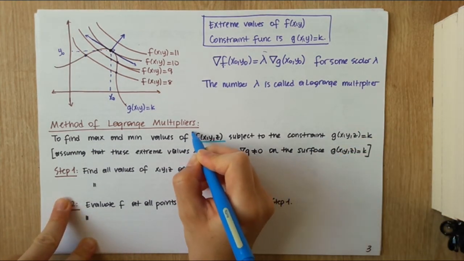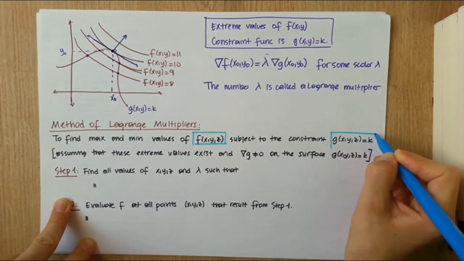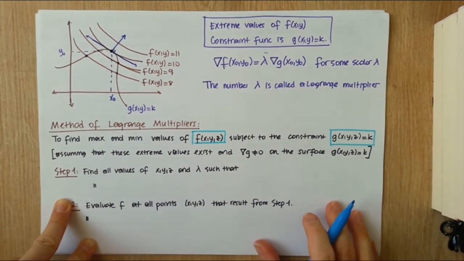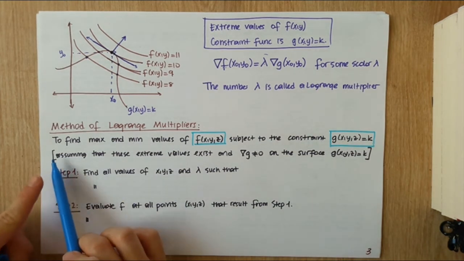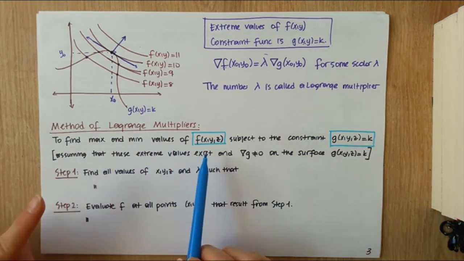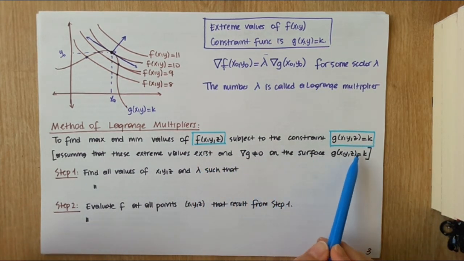Here, this is the function we want to maximize or minimize, and this is the function which gives the side condition, the constraint. And of course here we assume that these extreme values exist and the gradient of g is different from 0 on the surface. Okay, so we will follow those steps.